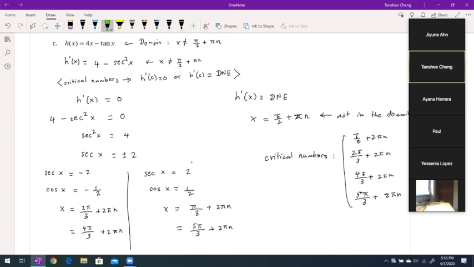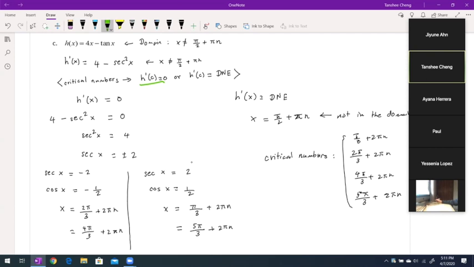In this case, the derivative will not exist at those pi over 2 plus pi n, and all of these values are not part of the original domain. That's what we find out. So now, looking at the first part, setting the derivative function equal to 0 and solving it, when I solve, secant squared equals 4, it will give me what?